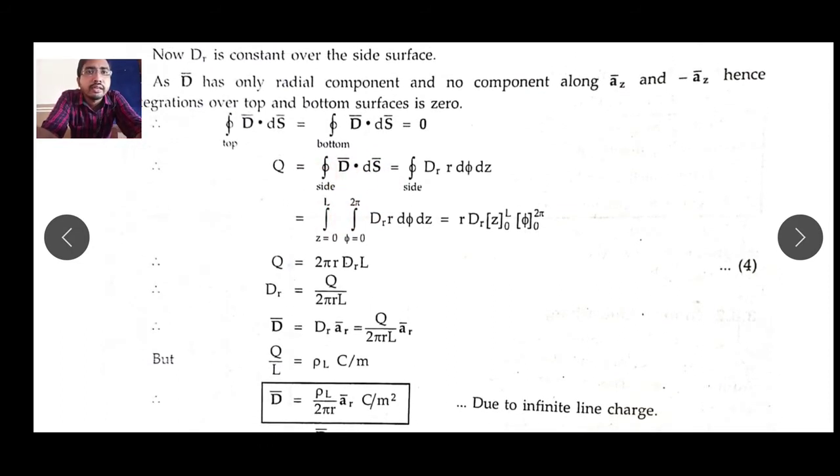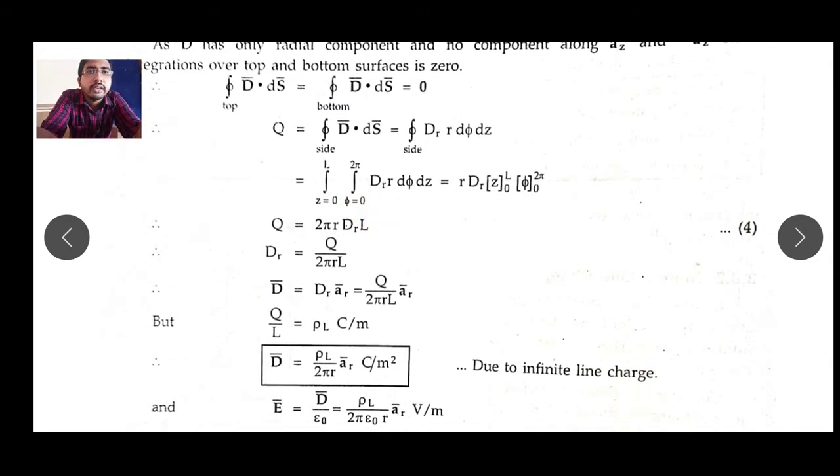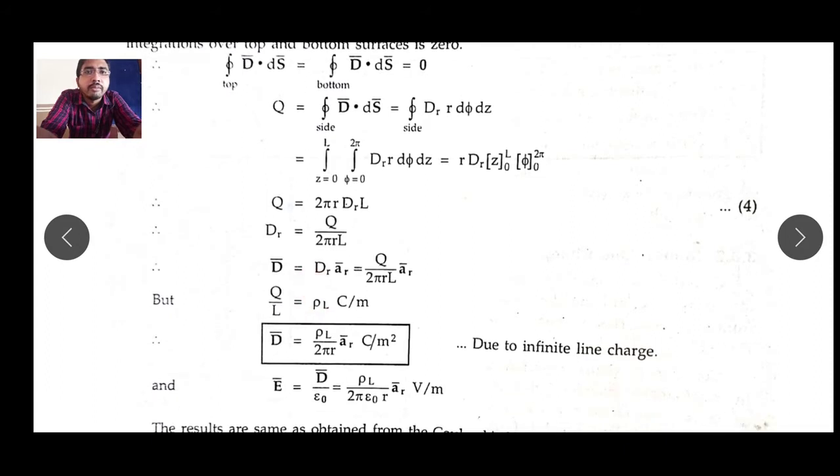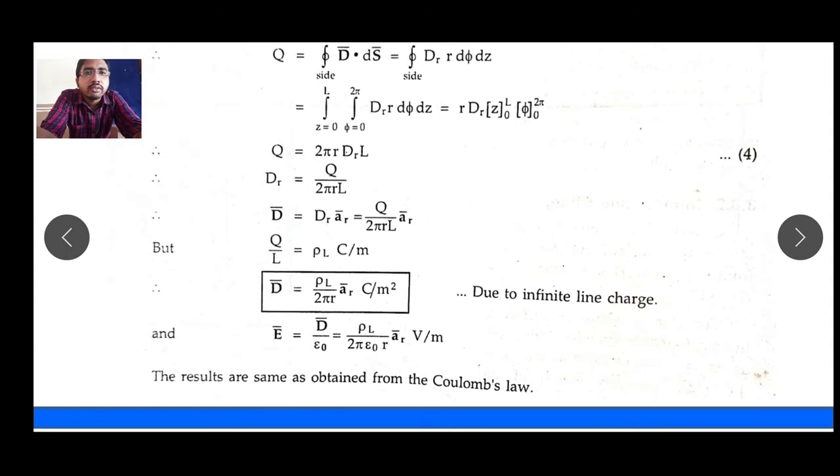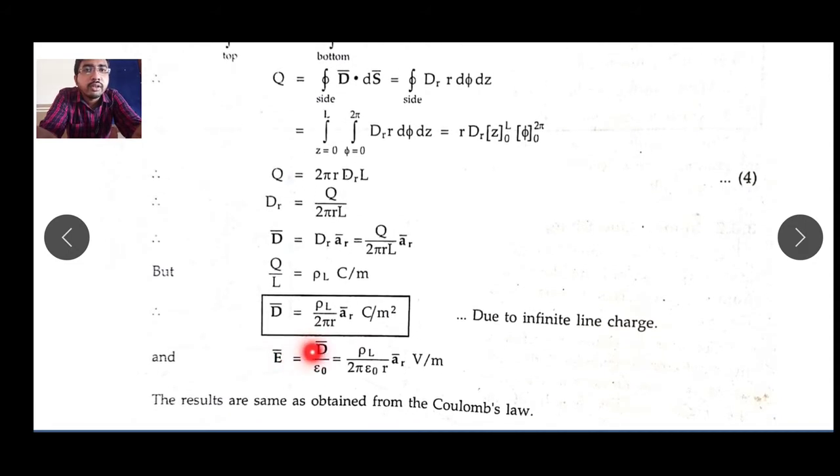So for the cylinder, D bar is equal to D r, and the differential surface area is r d phi dz. After substituting them, integrate with the limits. We know that z is from 0 to L and phi is from 0 to 2 pi. So after deriving that, you will get D bar equal to D r into ar bar, that is q by 2 pi r L ar bar, where q by L is nothing but rho L. So the D bar formula you are getting is rho L by 2 pi r into ar bar, but we know that D bar is equal to epsilon into E bar.